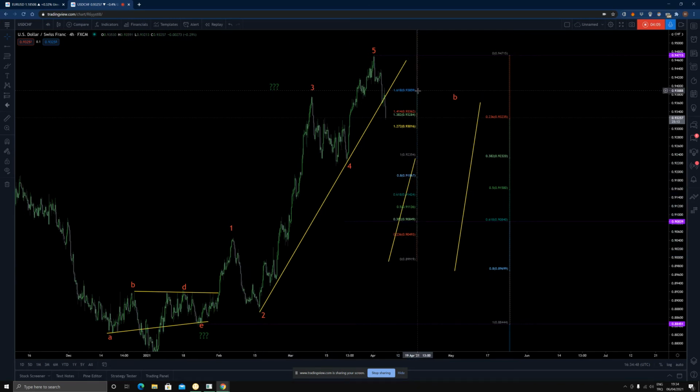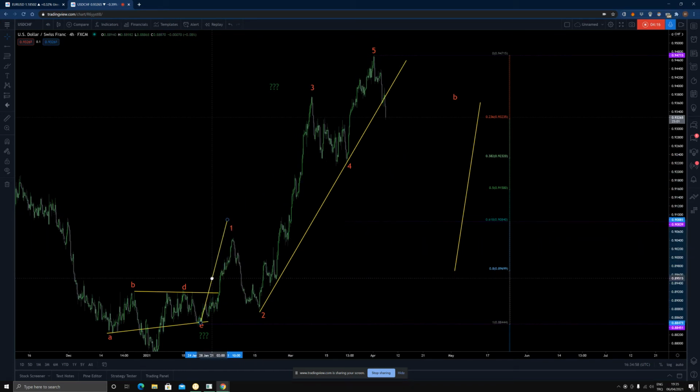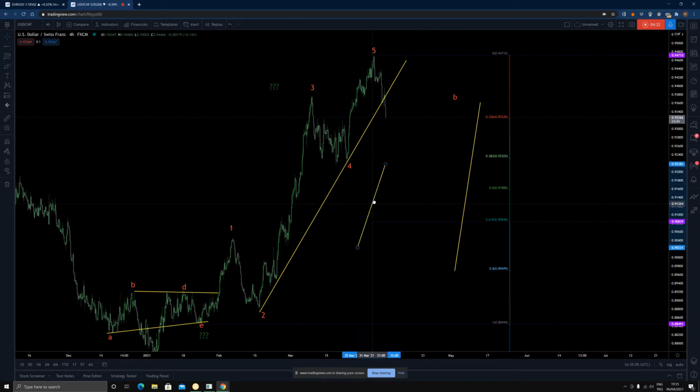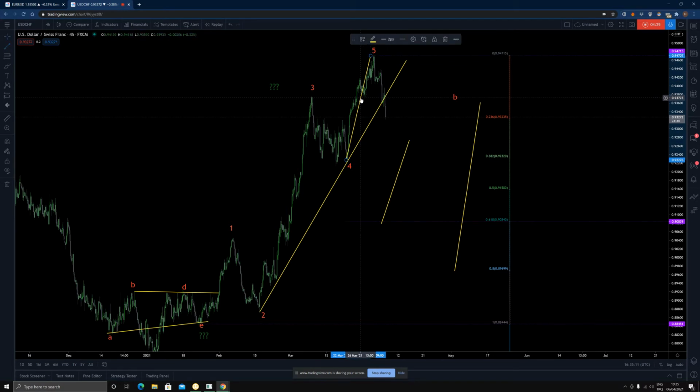So what you have to do, if you want to go this route, you have to ask yourself, okay, do I have the extension? So how to find the extension is, let's check the length of the first wave, is this much. Okay, so this is the length of the first wave, and let's measure the length of the fifth wave. Okay, so here it is.